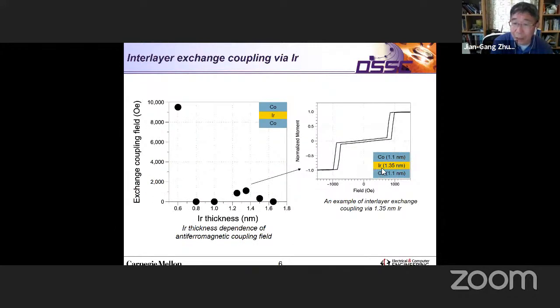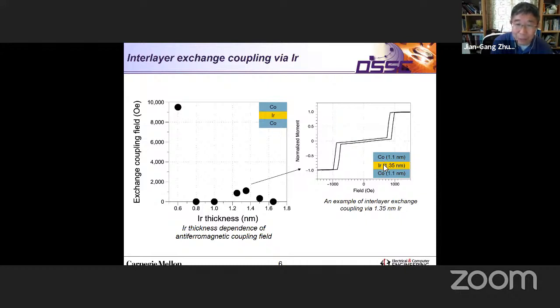Here is an iridium film, about 1.35 nanometers thick; we will vary the thickness of the iridium film. Then we have two in-plane cobalt layers sandwiching both sides. If you measure this structure, you can see very strong in-plane coupling resulting from the iridium layer in between.